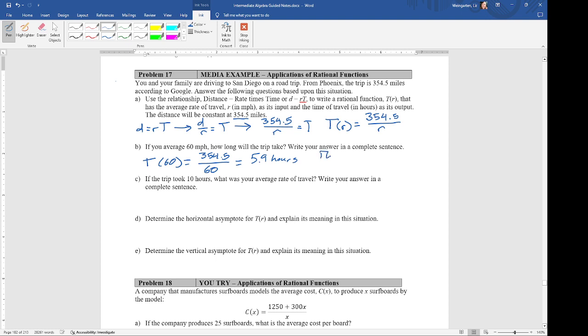So the trip will take 5.9 hours traveling at 60 miles per hour.